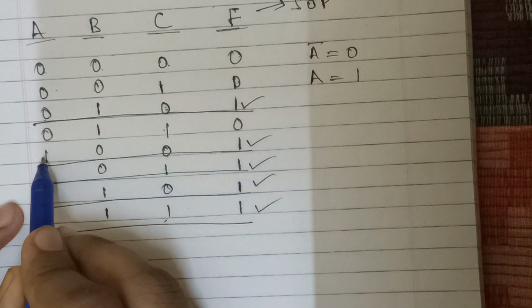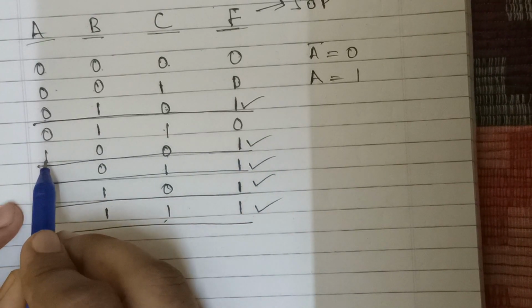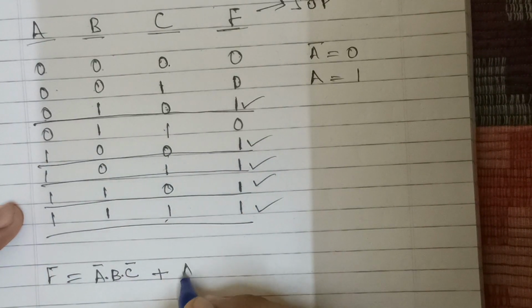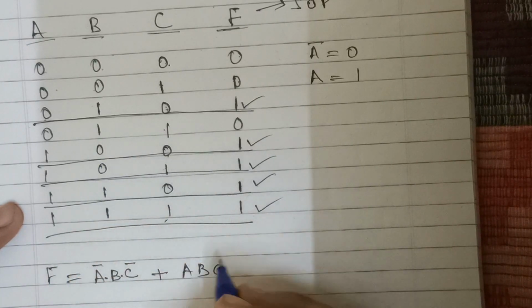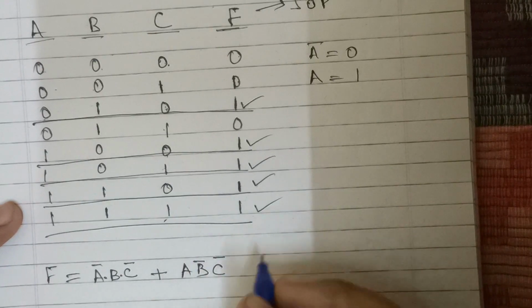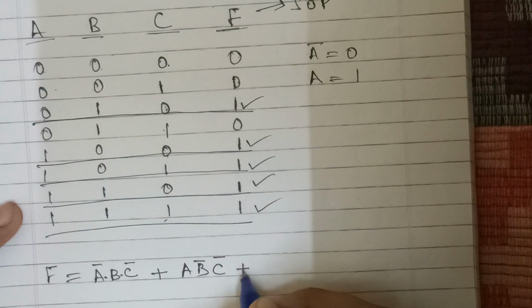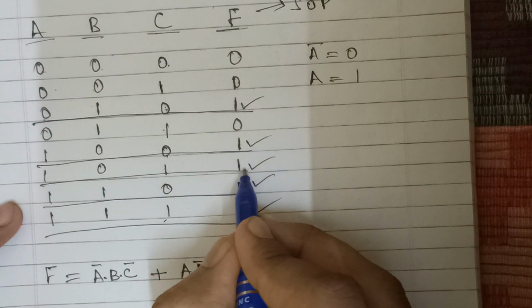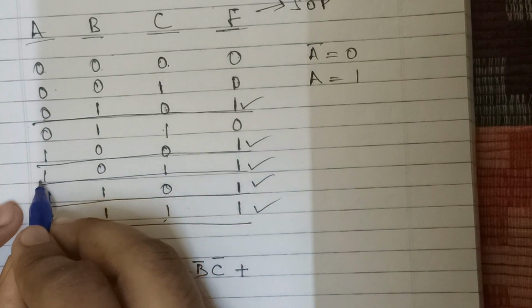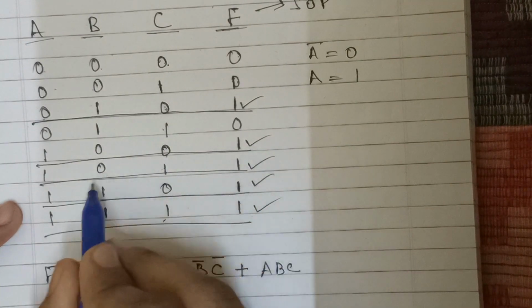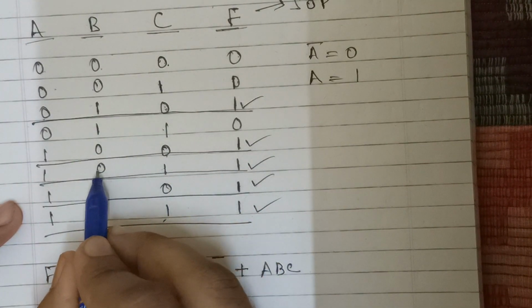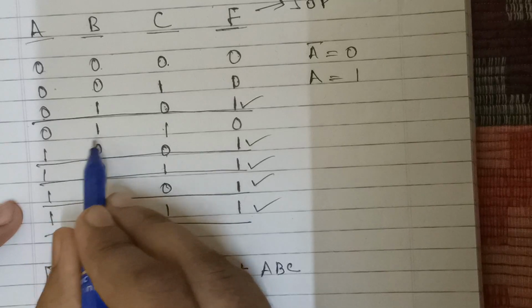Then this one is A B C, then B and C are zeros, so B complement, C complement. Then moving forward, plus, this one, let's consider A B C. Which one is 0? This one, so B complement.